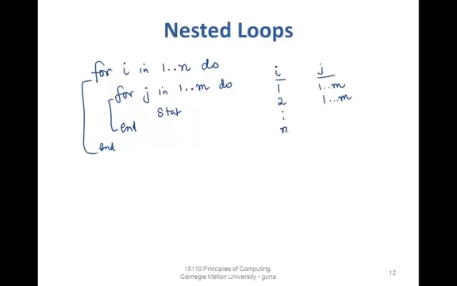And I will keep going up to n, and for each I, j is going to do it m times. So the total number of times this statement gets executed is m times n.